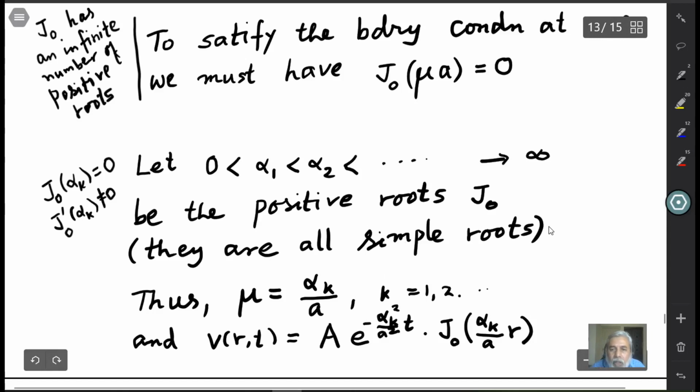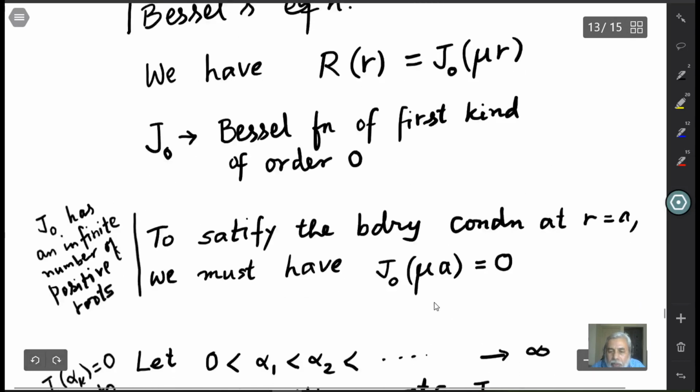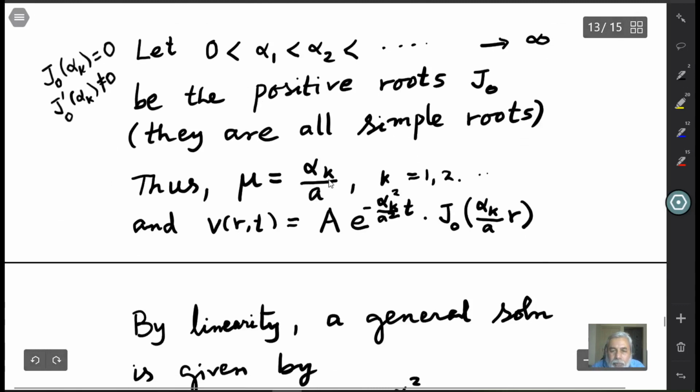Thus the constant mu we started with has to take the form alpha_k by a, so mu a is equal to one of the alpha_k's, for some k. If you pick one k, the solution is given by p(r, t) equal to some constant times e to the minus alpha_k squared by a squared t, times J0(alpha_k r by a).